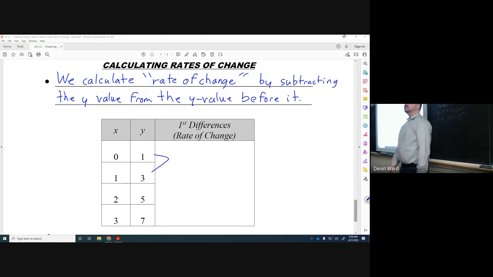So here's what we do. We look at our y values that are two x's in a row. I'm going to take the first one and subtract the second one. Okay, so 3 minus 1. And what's 3 minus 1? 2. So that's going to be our first difference, or our rate of change. Okay, the next one.